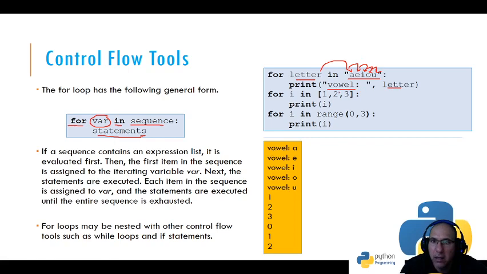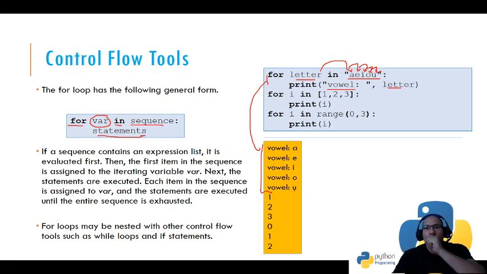So from this loop we got A, E, I, O, U all printed. Then for i in this list 1, 2, 3, so we printed i.